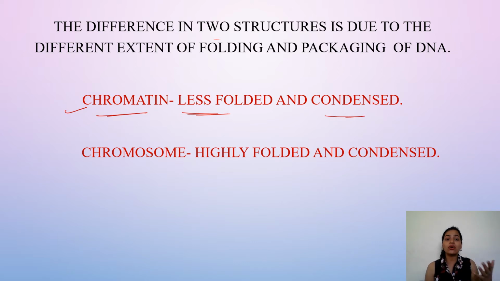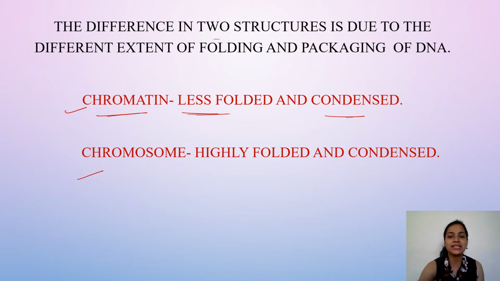When we talk about chromosome, it is highly folded and in a more condensed form, or the term can be extremely condensed and extremely folded form of DNA around the basic proteins, histones. So in chromatin, the condensation and folding of the DNA is there, but to a lesser extent as compared to the chromosomes.